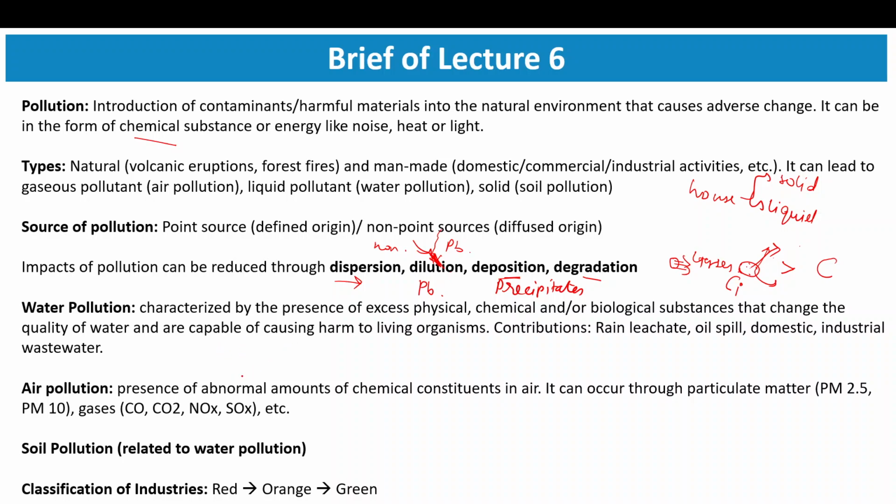Okay. So now, if we talk about water pollution, then it is caused by, for example, a pure water body. Now, due to the presence of some excess material or pollutant which can cause harm, it can cause variation in the temperature of the water body. It can cause variation in suspended particles, right?